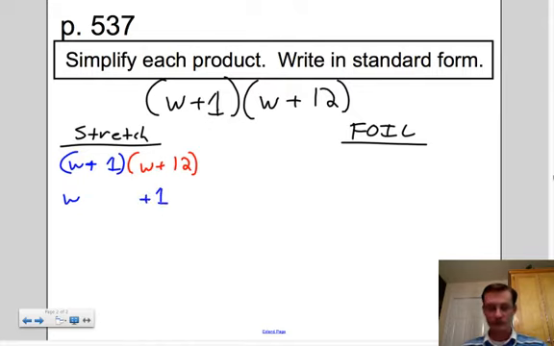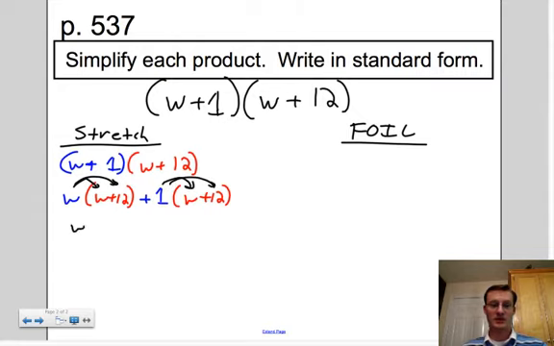And you remember with the distributive property you give 1 to each. So in this one we're going to give one of the red to each one of the blue. So w plus 12 goes on to the w and w plus 12 goes on to the 1. So now we're just going to use what we traditionally think of as the distributive property.